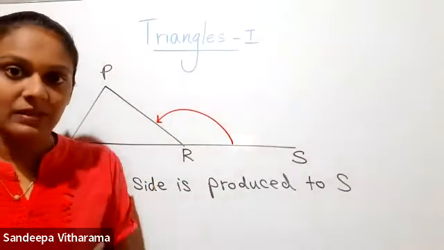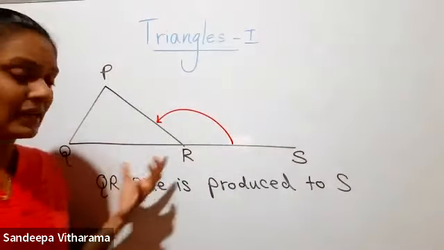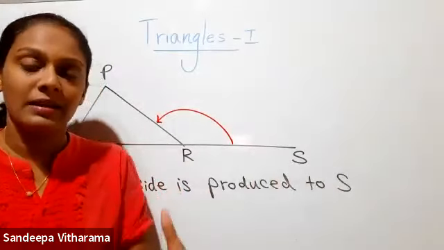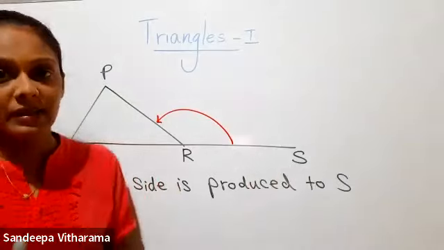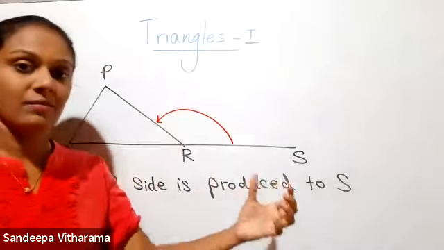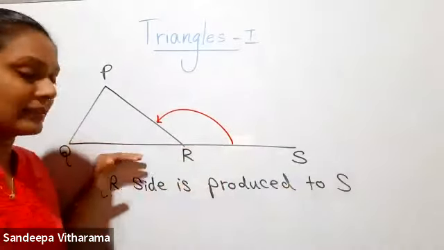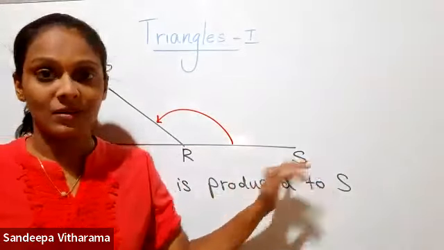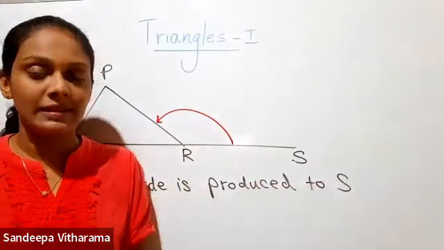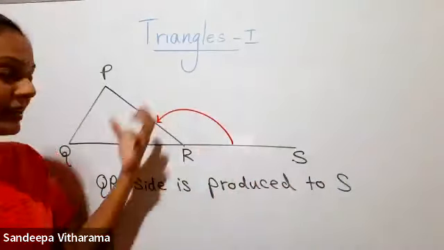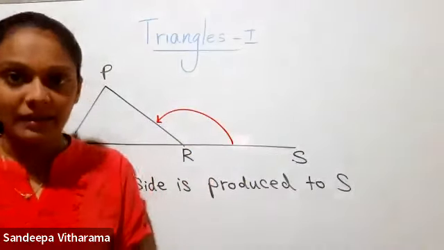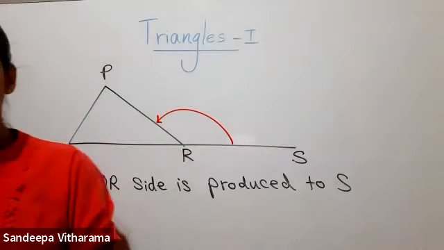If they have said the particular side is produced up to a particular point, that means you have to get information related to the exterior angle. If a side of the triangle is produced up to some point, that is the data you get: an exterior angle is formed. Right? Okay, write down this one also.